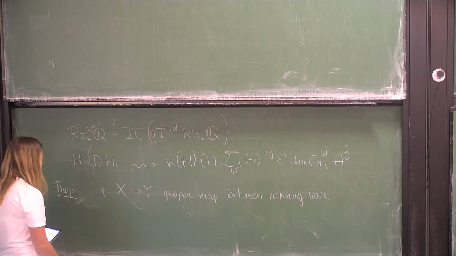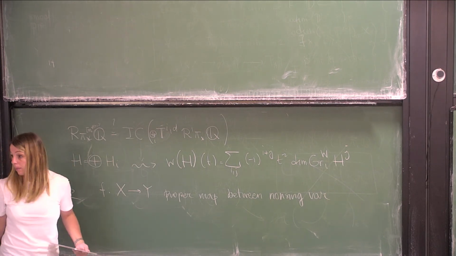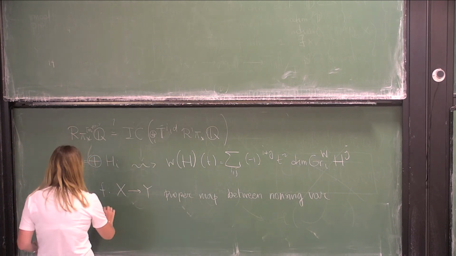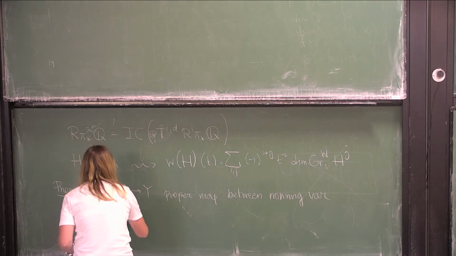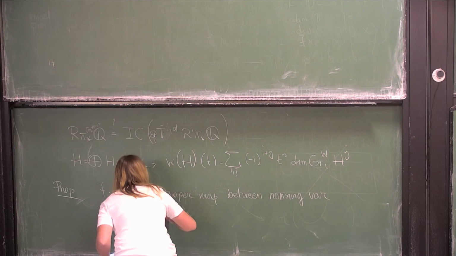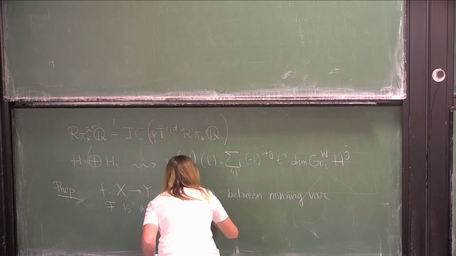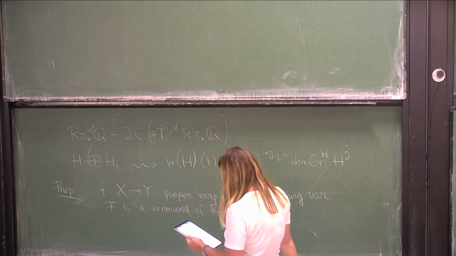And so you will for sure have Rf star Q, the push forward of the constant sheaf of X. And suppose that F is a summand of Rf star Q.